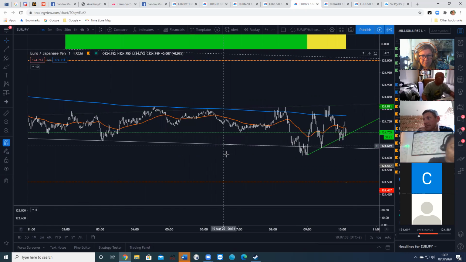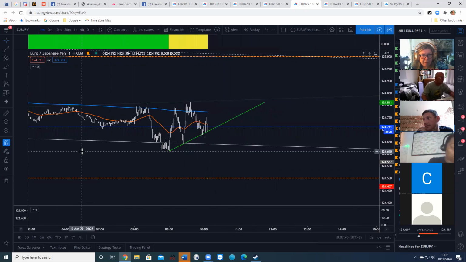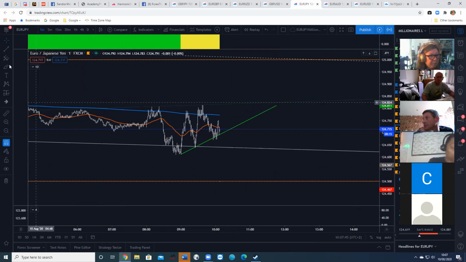It is a sell scan, but we can take buys as well now. Let me put a downward trend line.